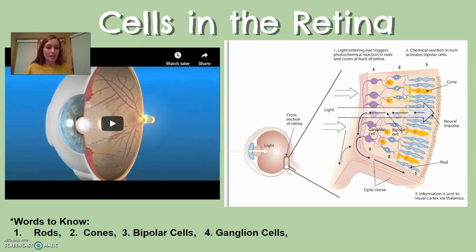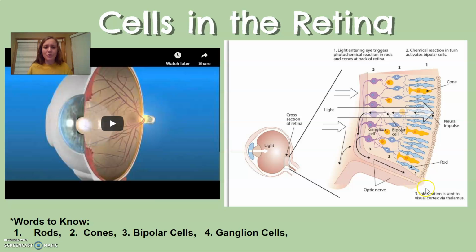So the process is the rods and cones will take this light and turn it into a nerve impulse or an action potential. And those rods and cones will then send that message forward to two more cells that you can see here. We've got bipolar cells and then ganglion cells, and then it will move on to the optic nerve.